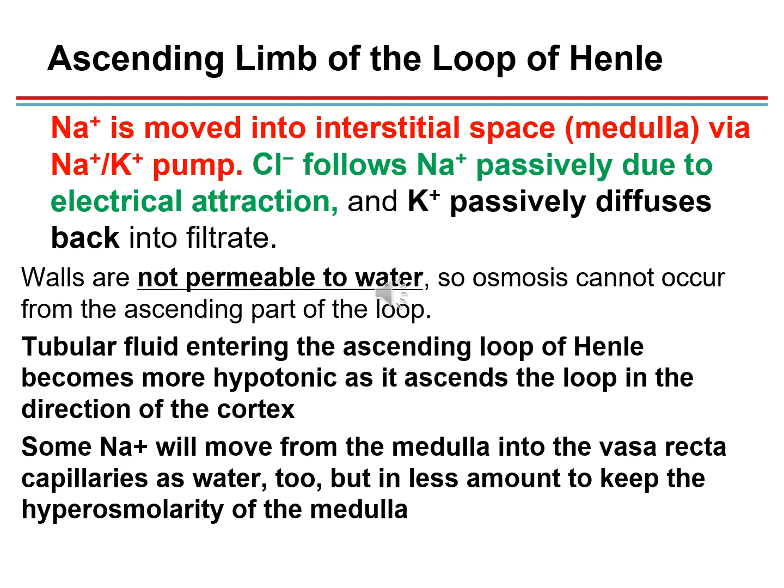Now, the tubular fluid entering the ascending loop of Henle becomes more hypotonic as more sodium is moved from the tube into the medulla. So that hypotonicity increases. Meanwhile, the filtrate is moving ascendingly in the loop of Henle from the deep of the medulla back to the cortex.